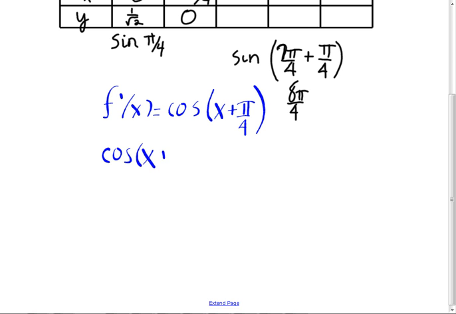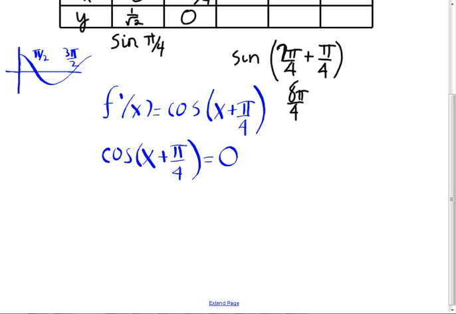I don't know how much you did in pre-calc last year of solving trig equations. So I'm going to draw a cosine curve because I forgot where my zeros are. Did you guys forget what your zeros are? No. Oh yeah, we didn't do this. What's the derivative of x? 1. And what's the derivative of a constant? 0. So this is pi over 2. That's 3 pi over 2.